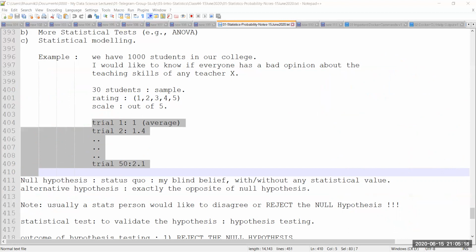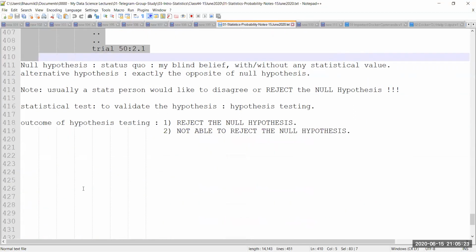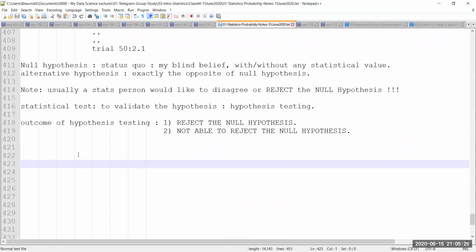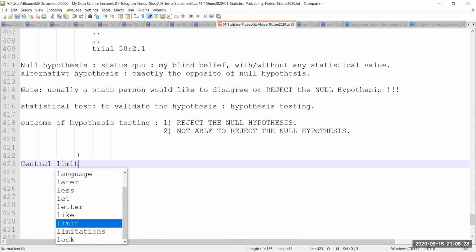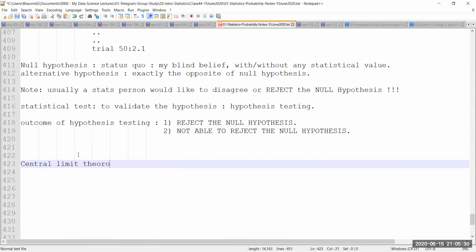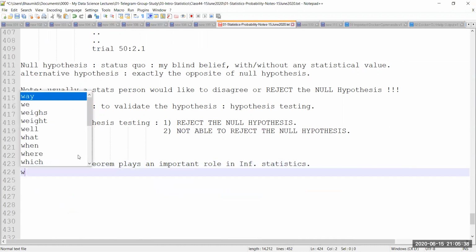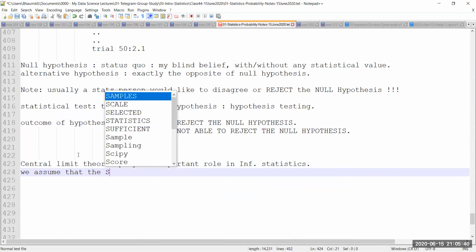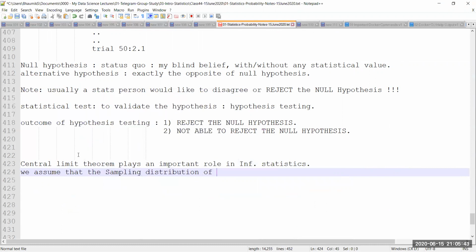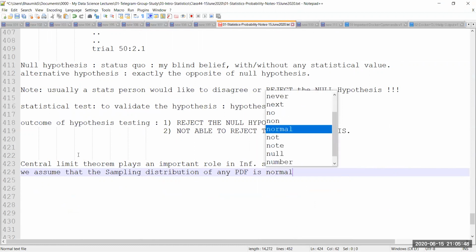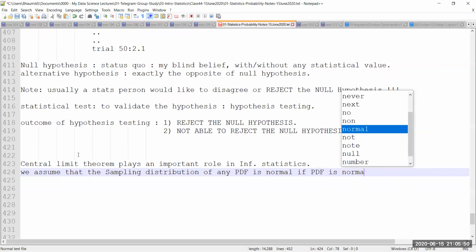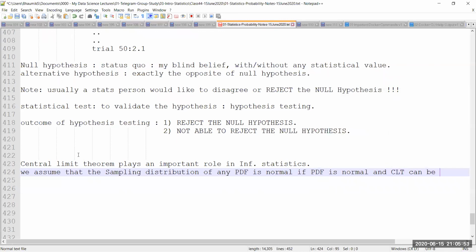And then the hypothesis testing is going to be of two types, which is also what we are going to see using the values of Z. So what we have already seen is that the central limit theorem plays an important role in inferential statistics. We assume that the sampling distribution of any PDF, or probability density function, is normal if the PDF is normal and CLT can be proved.